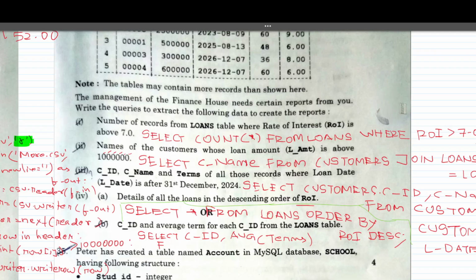From which table? From loans. CID and average term for each CID from loans table. Those are grouped by C underscore ID semicolon. Fine.